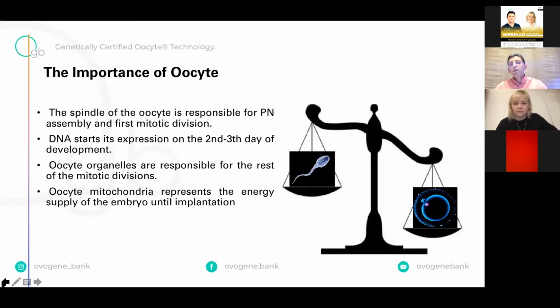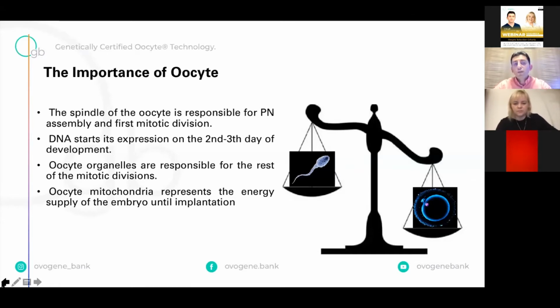DNA starts its expression on the second and third day of development, so cleavage rate is very important for donor egg programs. When the final clinic thaws the donor eggs, we should totally avoid the risk of cleavage arrest, because it's the main question for frozen cycles.